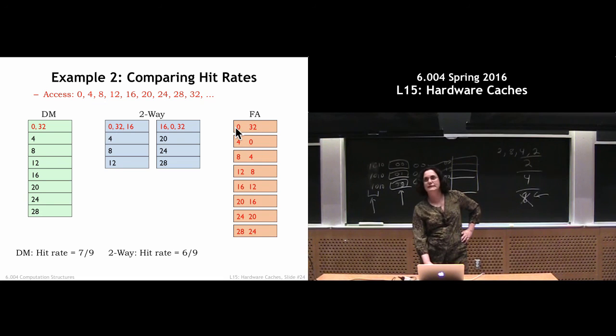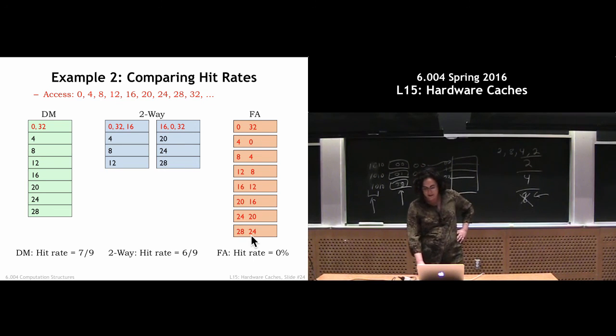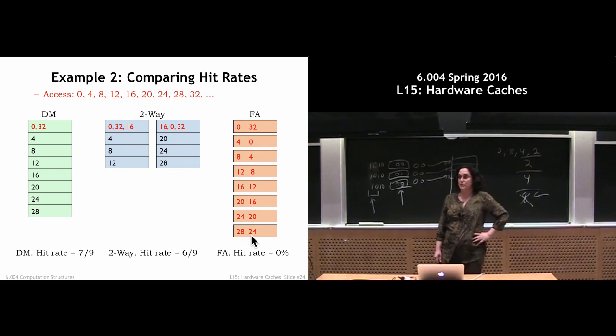Well, 0 is my least recently used location, so I'm going to replace it right before I need to access it again. Okay, so now I want to access 0 again. That's going to replace my 4 again right before I want to access it again. And so every single one of my requests is going to result in a miss, okay? And so here, my hit rate is 0%.